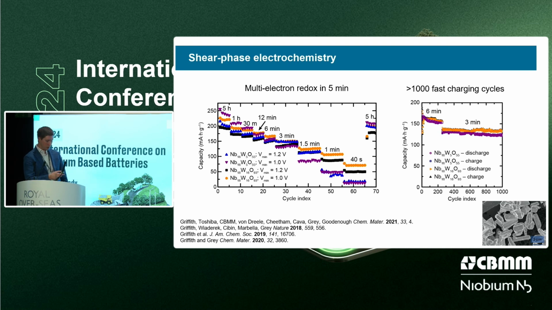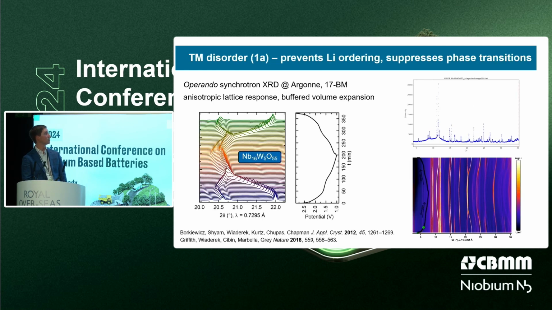I'm not going to talk about the bronzes at all today, but the niobium tungsten oxides are interesting because they have these shear structures and these bronze structures, and they have a different stabilizing motif in the bronze that helps them do something similar. But basically, this can happen in very large particles. It seems like it's quite stable over long-term cycling, and so that was interesting to us.